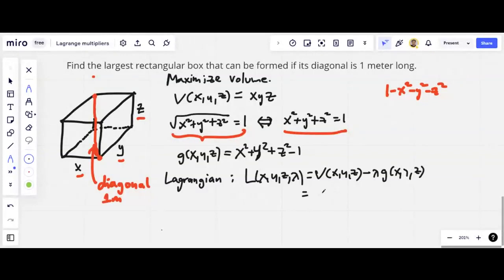And this is equal to, in this case, xyz minus lambda times the constraint function x squared plus y squared plus z squared minus 1.